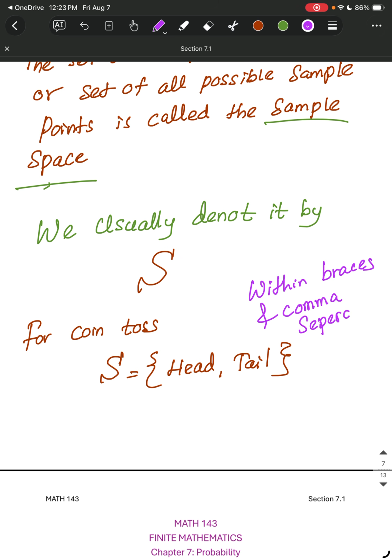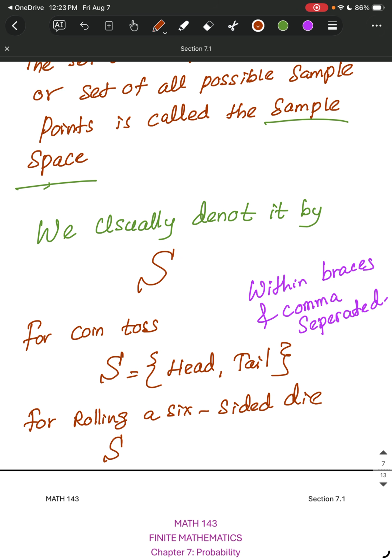For rolling a six-sided die, the sample space could be 1, 2, 3, 4, 5, 6. The set of all possible outcomes is called the sample space of an experiment.